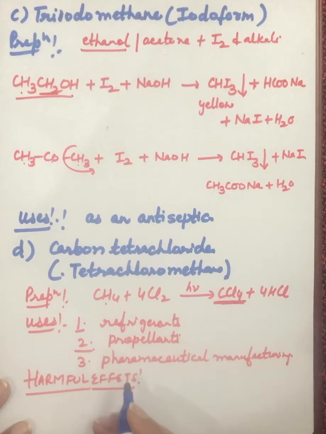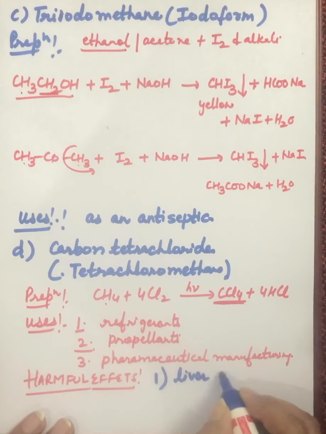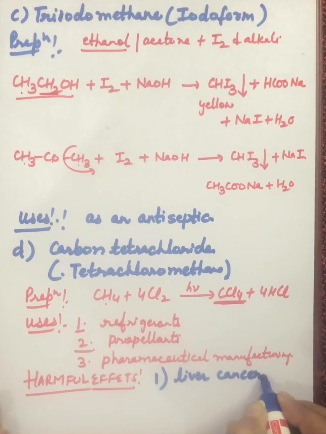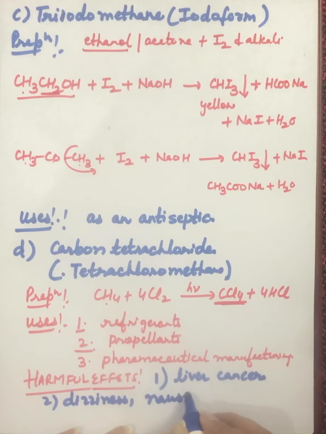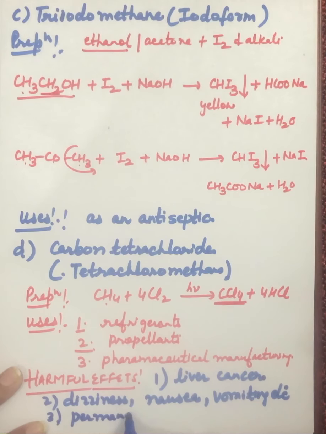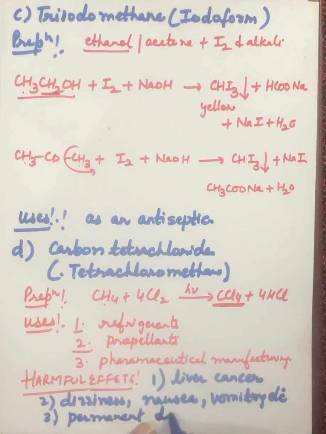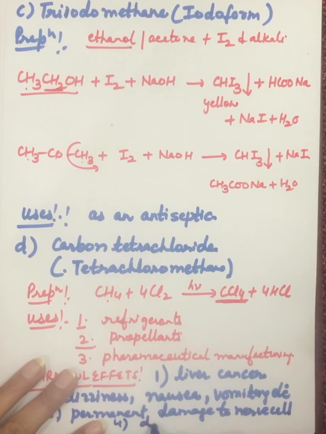There are some evidences that exposure to CCl4 causes liver cancer in humans, and this also results in dizziness, nausea, vomiting, etc., and can also cause permanent damage to nerve cells, and it also depletes the ozone layer.